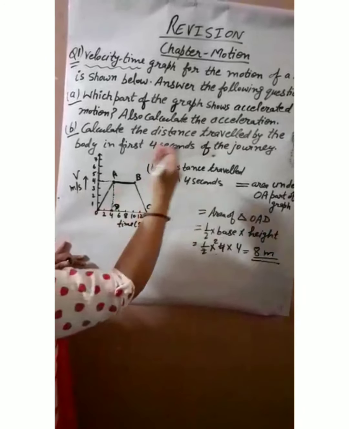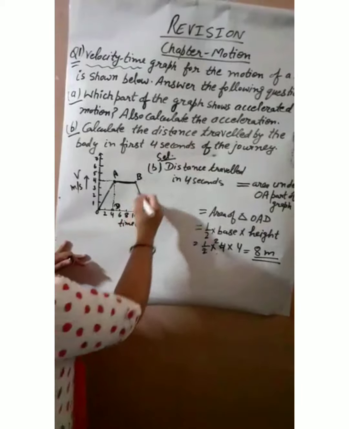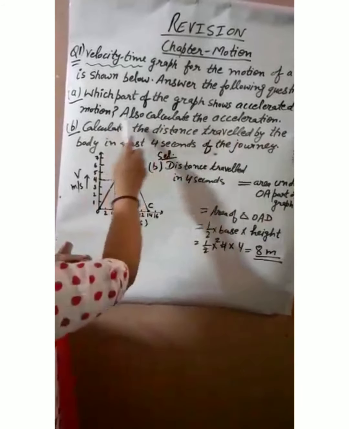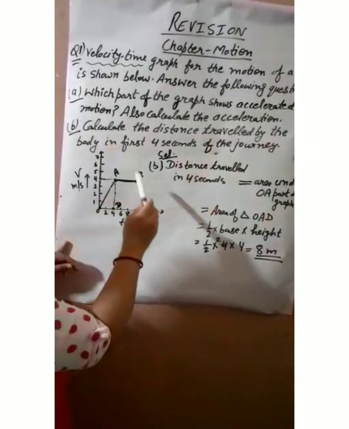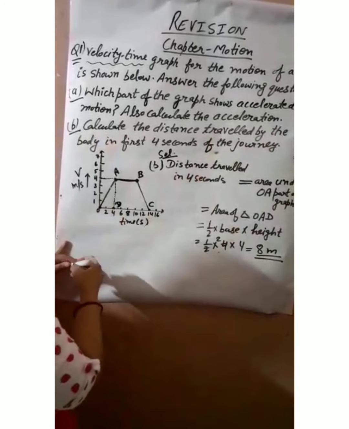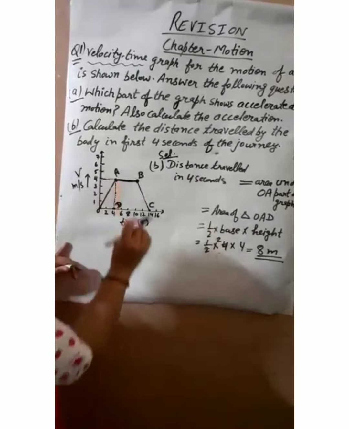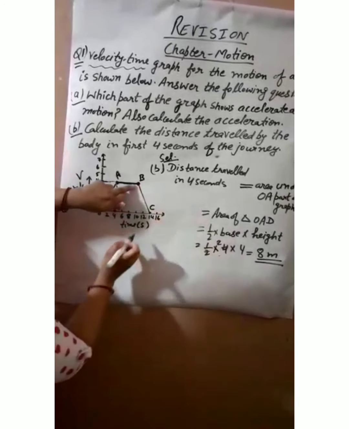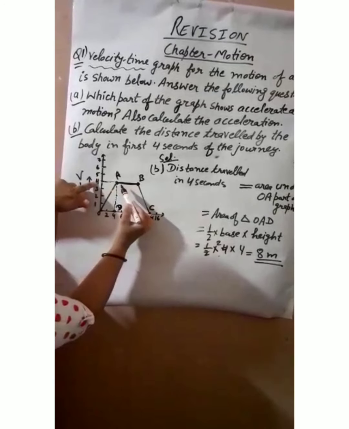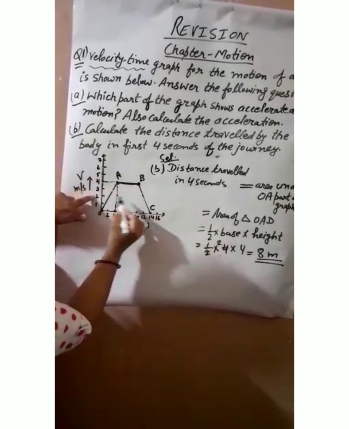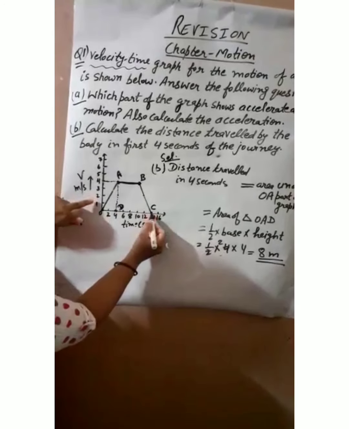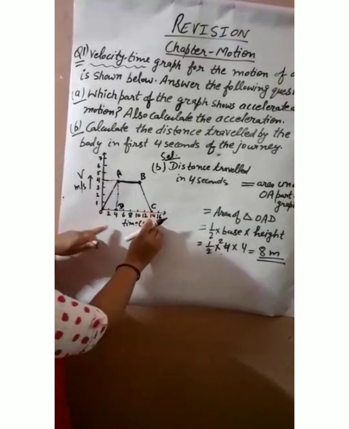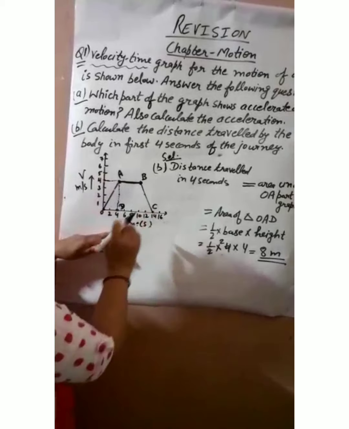Now in the first part you calculated acceleration. Similarly, we can find out which part of the graph shows decelerated motion and find the deceleration or retardation. Retardation means decrease in speed. So the BC region shows the decrease in speed. As you can see, at point B the value is 4, then the value becomes 2, and when you reach C the velocity becomes 0, because time is represented by the x-axis.